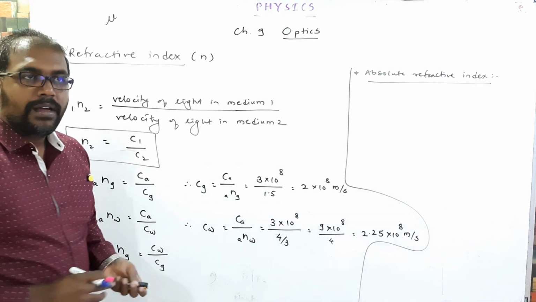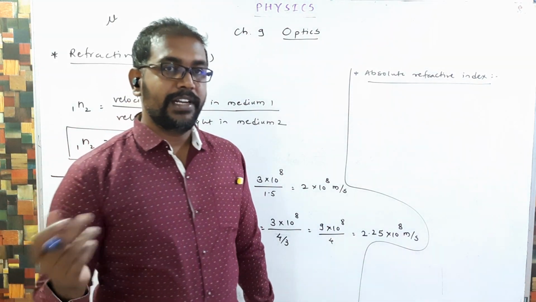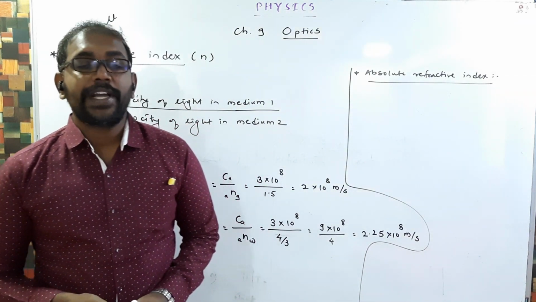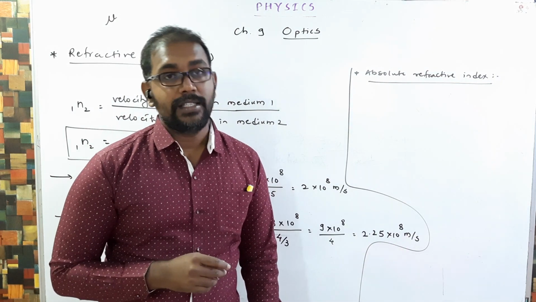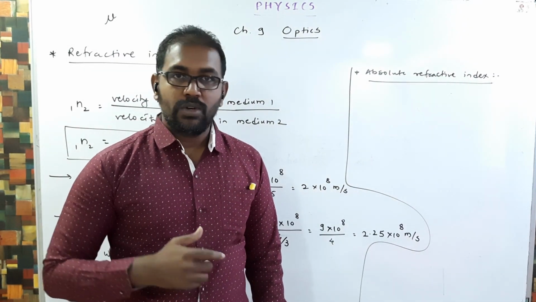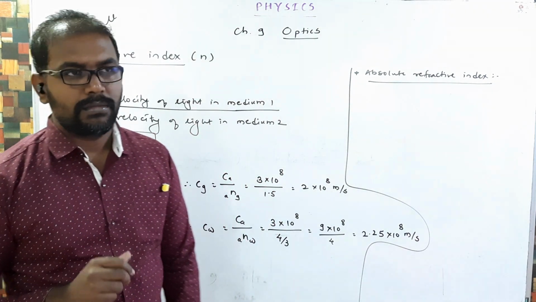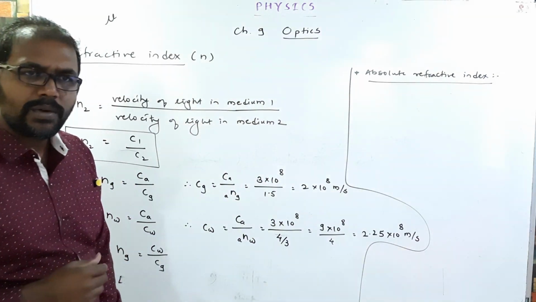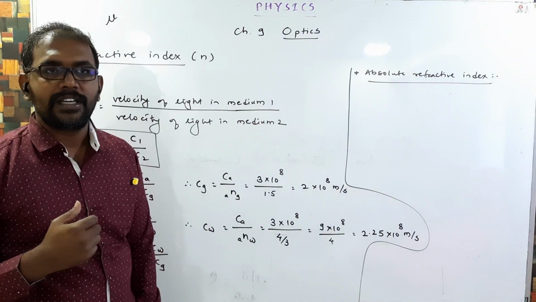Now here, refractive index is very important. You already learned in the 10th standard about the twinkling of the star. Why does the star twinkle? The reason is the fluctuation of refractive index of the medium. In Earth's atmosphere, refractive index changes. Refractive index changes means the density changes.